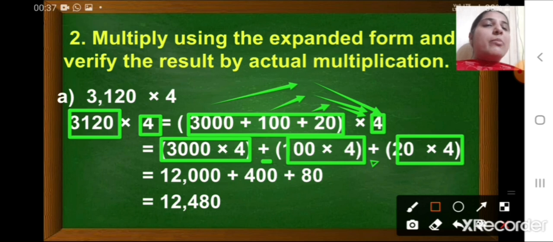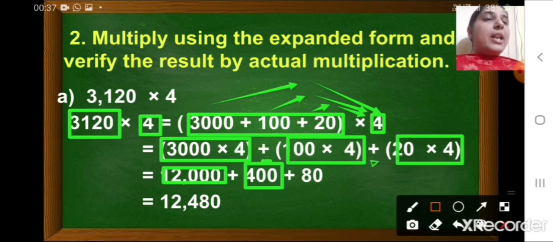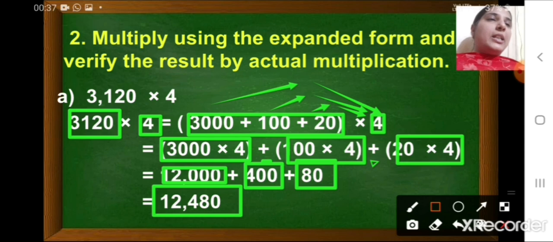So 3,000 multiplied by 4 will give us 12,000. Then 100 multiplied by 4 gives 400, and 20 times 4 is 80. So when we add all of them, what will we get? 12,480. Got it, children? So this is our answer obtained using multiplication using expanded form.